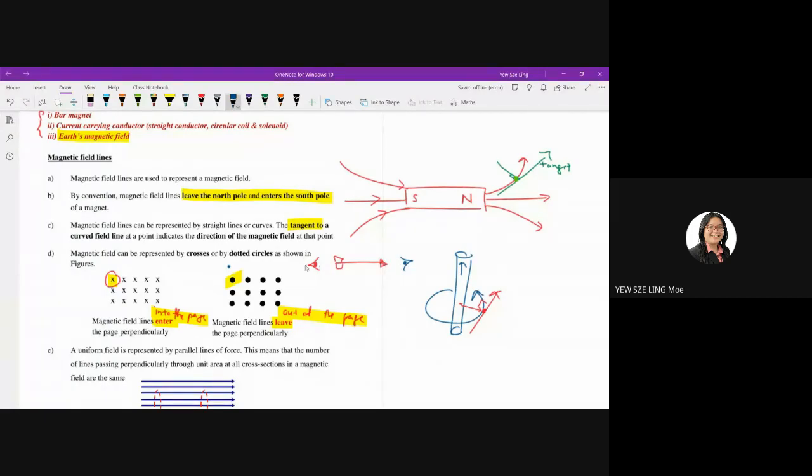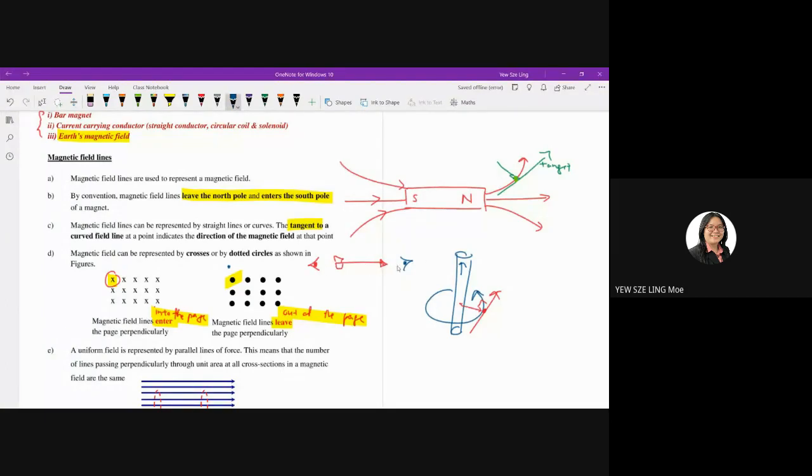So if you observe the arrow from the back, you will see the fletching at the back. Okay, because it is moving away from you, it is being shot into the wall. And if we say out of the page, basically it's pointing towards you. So now the arrow is pointing towards you.